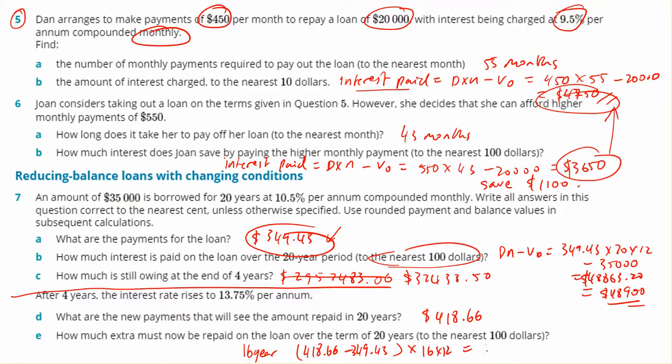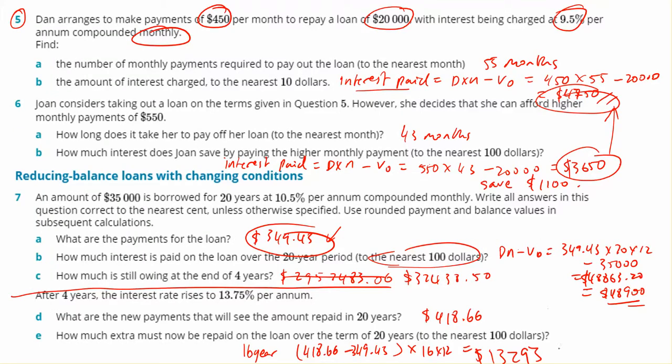So that's the extra you pay. It says to the nearest $100, so it's 13300. That's how much extra you pay with the interest rate hike. No, it's not how much you saved, it's how much extra you paid. I hope that helps.